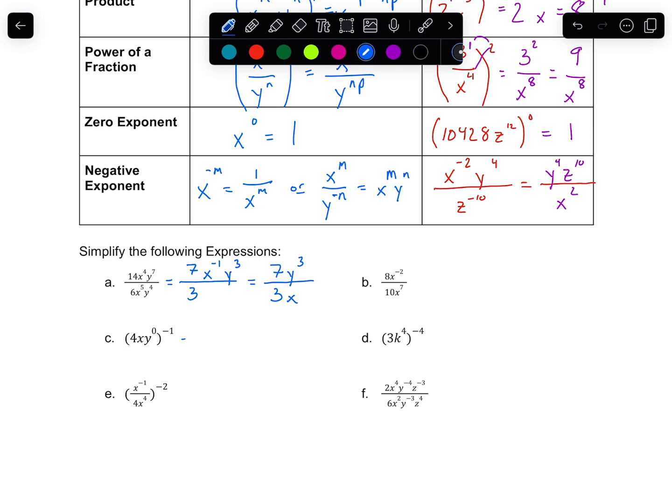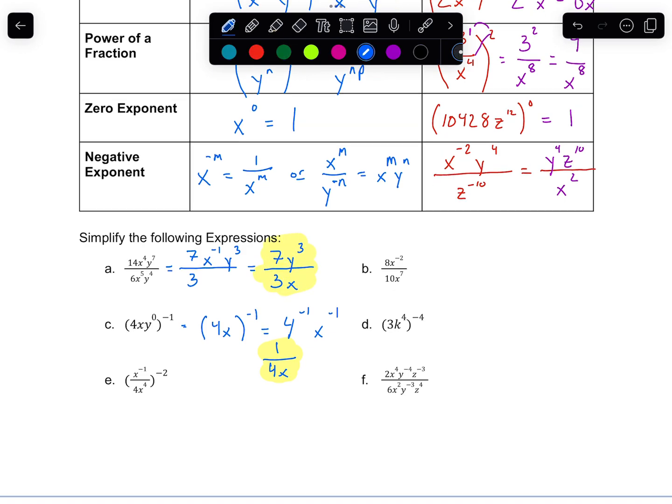So I can simplify this to be 4x to the negative 1, because that y to the 0 power makes it just go away. And so I'm going to distribute this negative 1 to both the x and the 4. So I have 4 to the negative 1, x to the negative 1. Since both of those terms have a negative exponent, it's going to simplify to just be 1 over 4x. And right there is our solution.